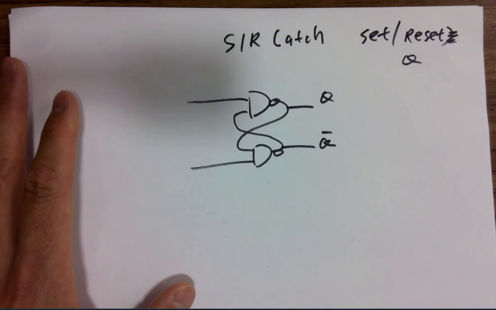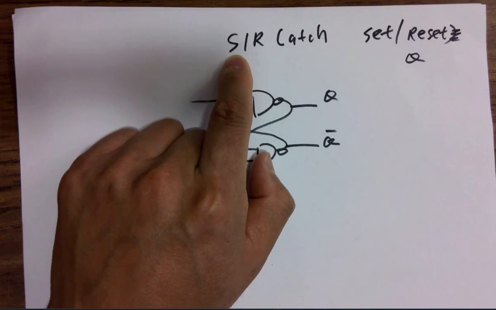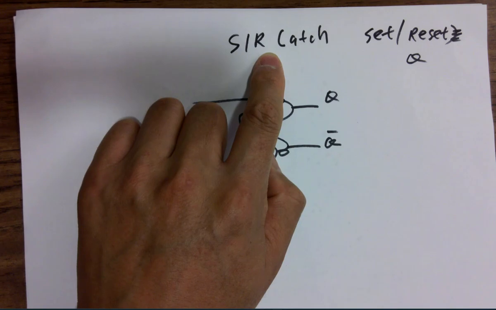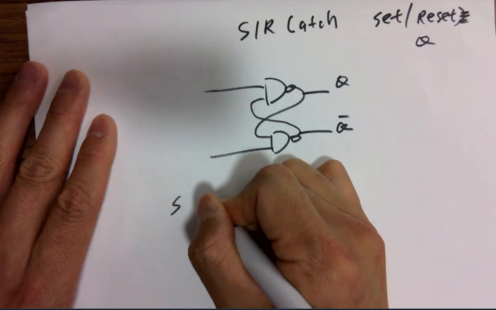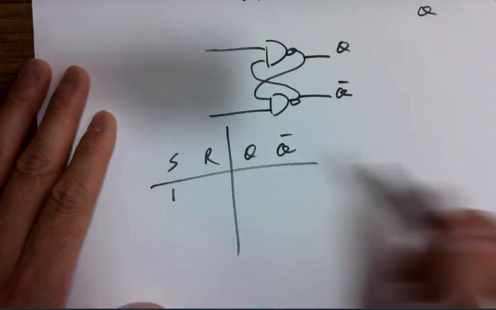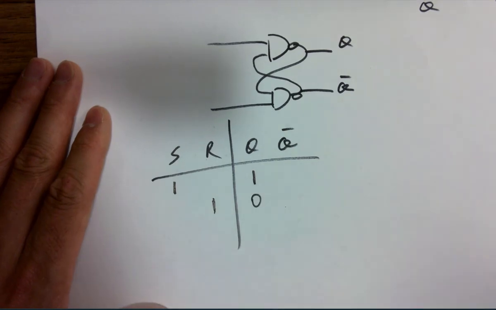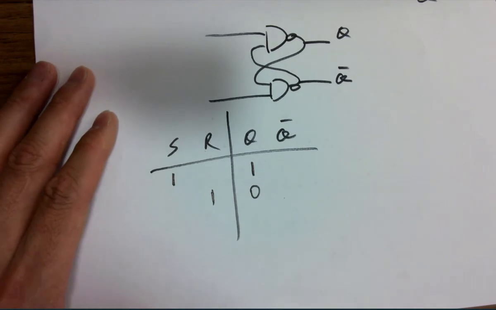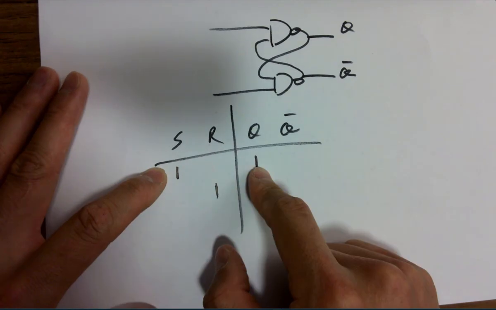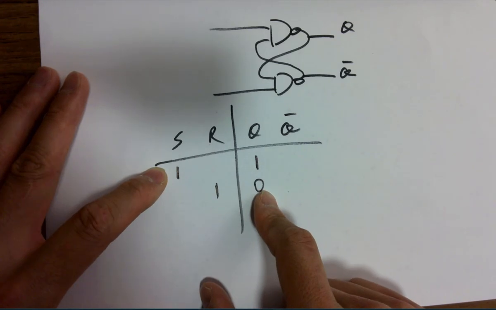So we are setting and resetting Q, which means if you turn on S, you set Q. If you turn on R, you reset Q. That's the basic operation of the SR latch. Does that make sense? You give a 1, you turn it on. You turn on S, you set Q. You turn on R, you reset Q. That's the fundamental operation of it.